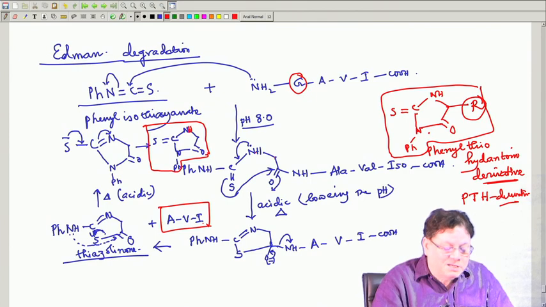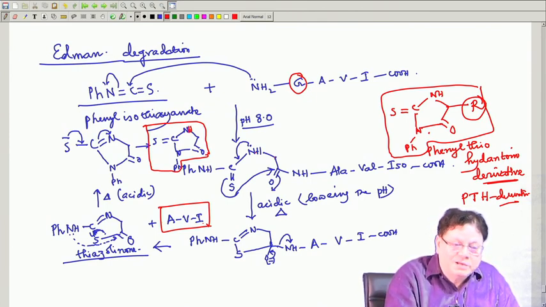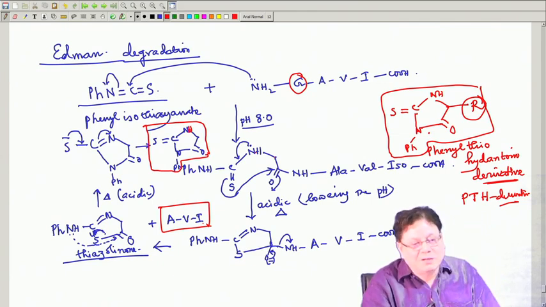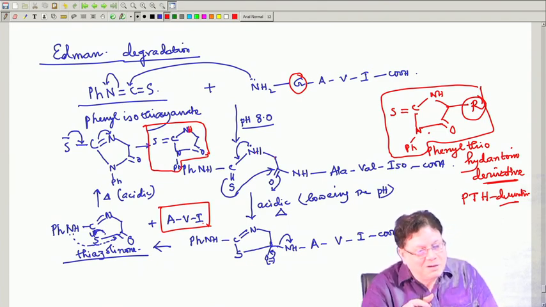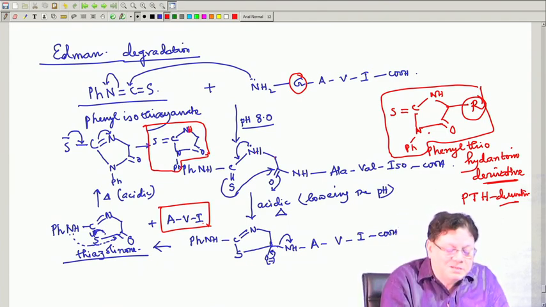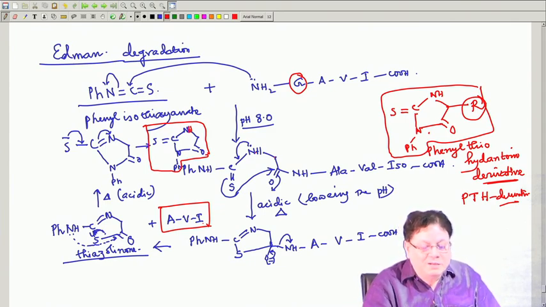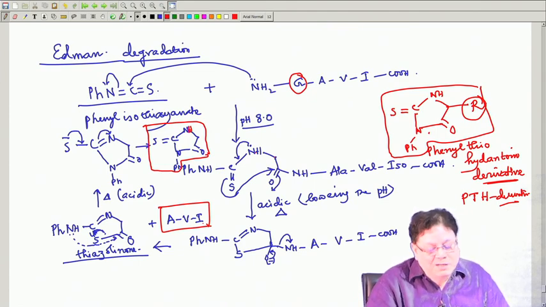If you repeat the process, next hydantoin that will come out will belong to alanine, and you get the dipeptide which is valine and isoleucine, and then again you repeat. So, you take the valine out and the only one that is remaining is isoleucine. Okay. So, by that way you can tell the entire sequence of amino acids.